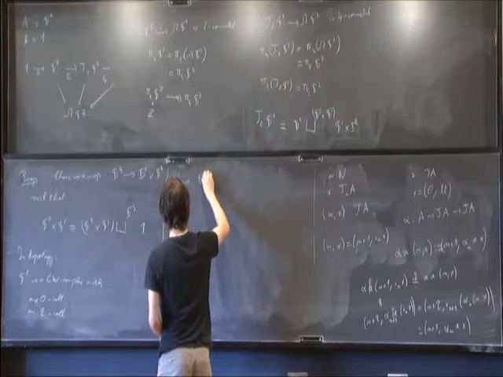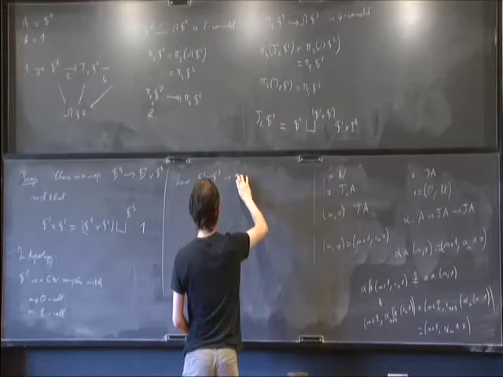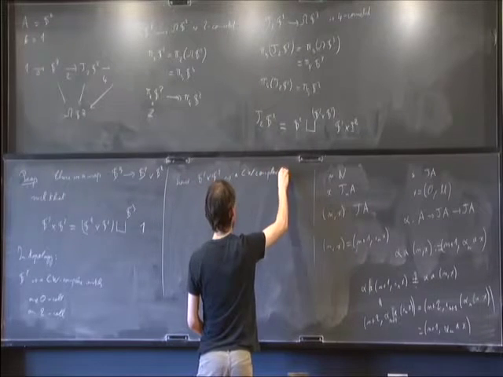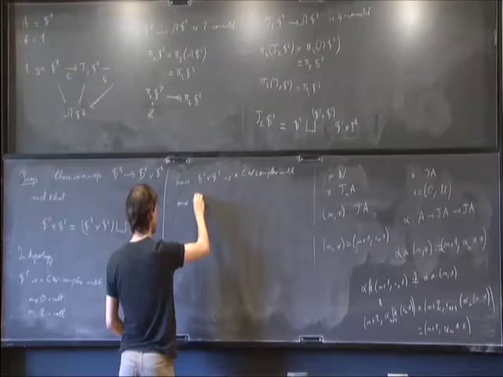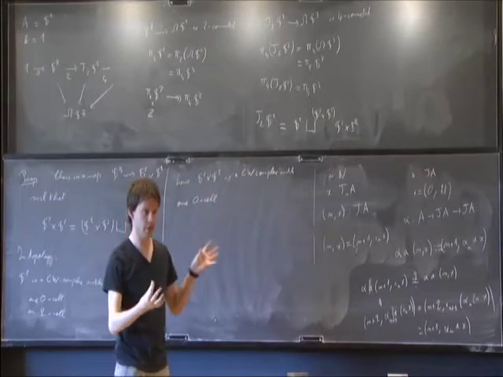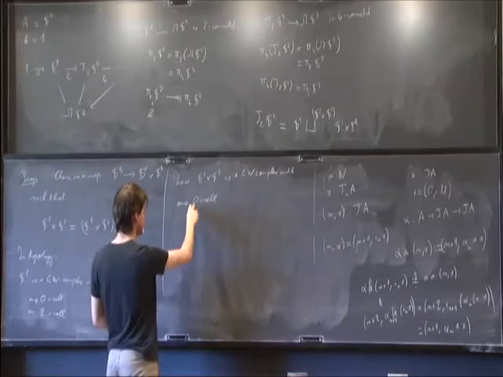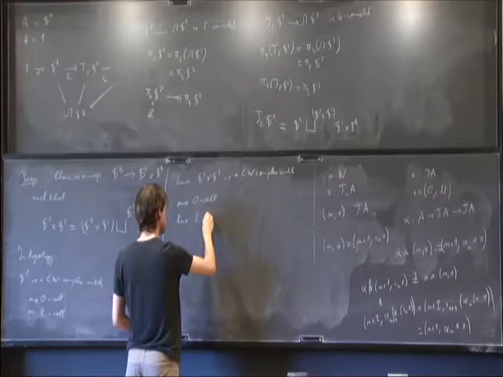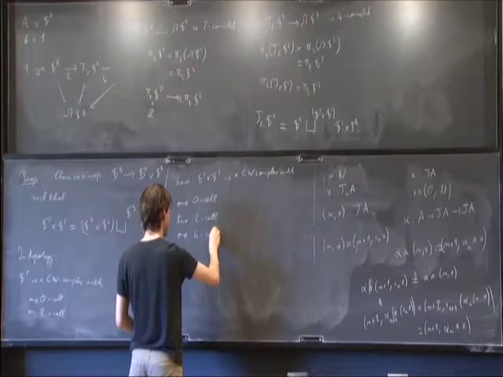Hence, S2 times S2 is again a CW complex. When you have 2 CW complexes, to take the product, you just take the product of cells. That's very easy. So you have one 0-cell, you have two 2-cells, and you have one 4-cell.